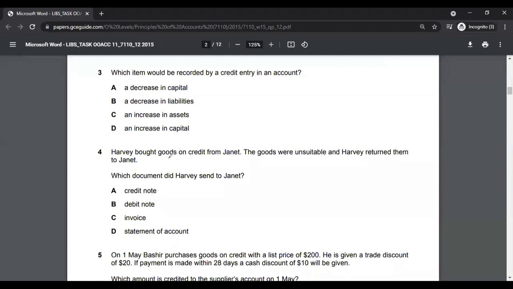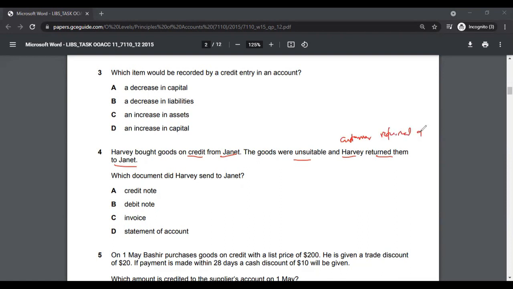Multiple choice 4, Harvey bought goods on credit from Janet. The goods were unsuitable and Harvey returned them to Janet. So basically the customer returned goods to the supplier, or let's say the seller.